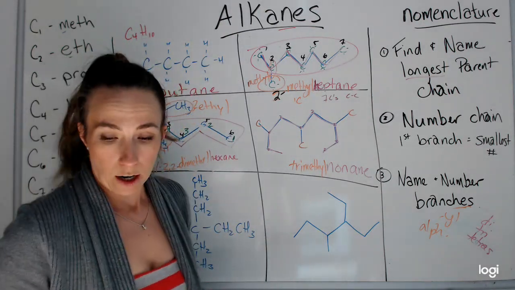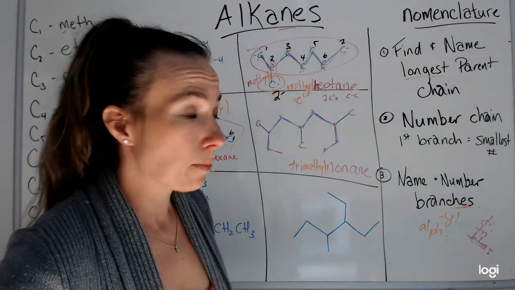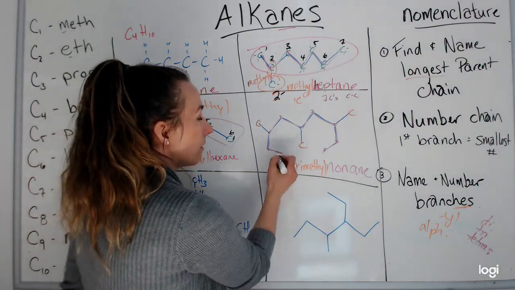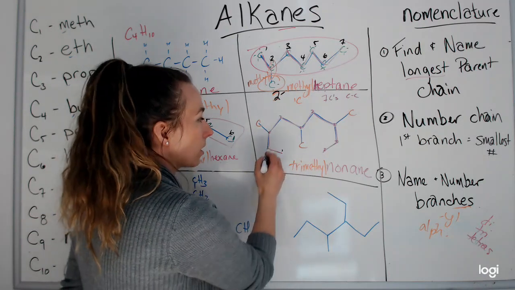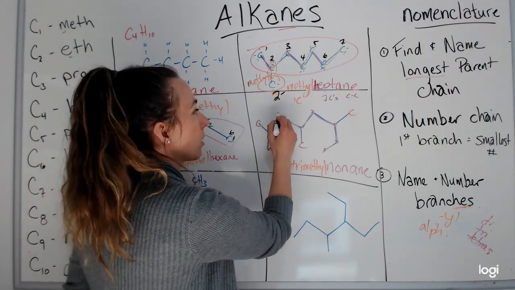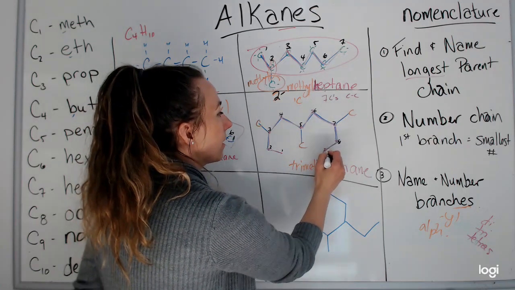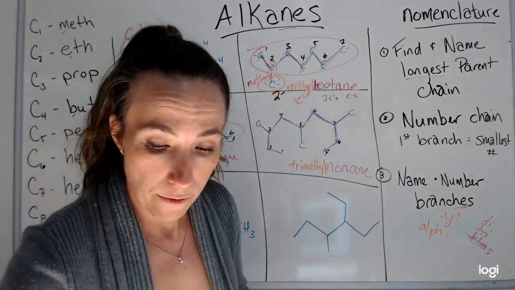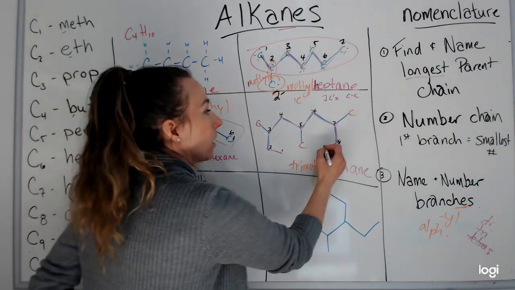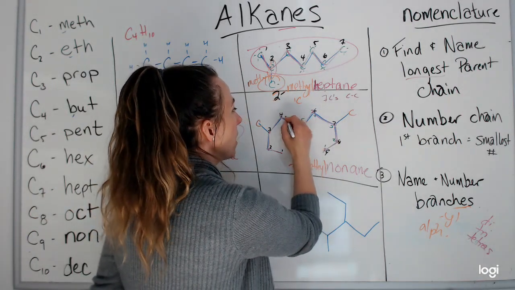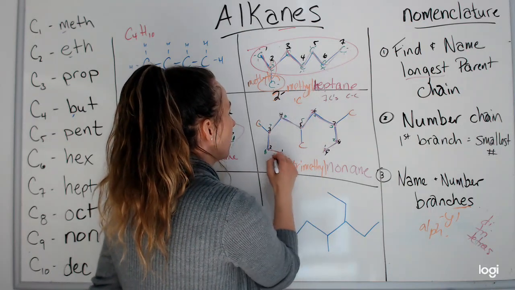So 3 carbons. Now we're going to play the numbering system again, right? The black direction: this wants to be carbon 1, this wants to be carbon 2, this wants to be carbon 3, this wants to be carbon 4, 5, 6, 7, 8, 9. Or do I follow the green pathway? I want to be carbon 1, 2, 3, 4, 5, 6, 7, 8, 9.